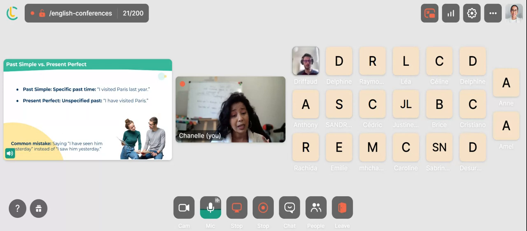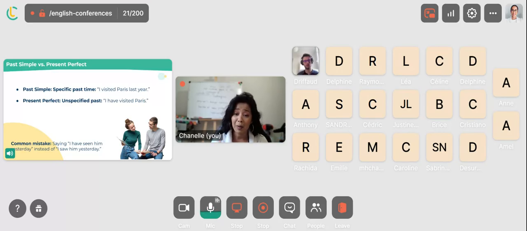If you would like to think about the past simple, imagine that the past simple is always specific. That means you will have an indication or something showing when. For example, last year, yesterday, in 2023, when I was small. Because for the past simple, when it happened is very important.